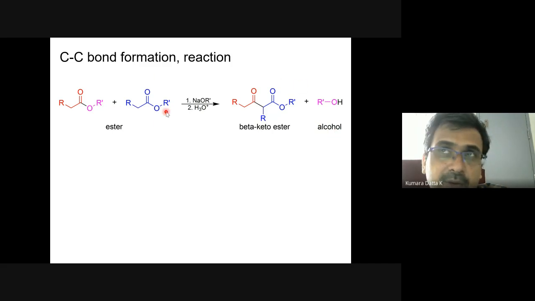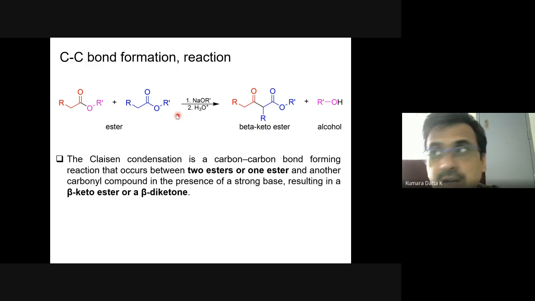Why are we talking about this in Dieckmann condensation? Before we understand Dieckmann condensation, let us see what is Claisen condensation. Claisen condensation is carbon-carbon bond formation between two esters.